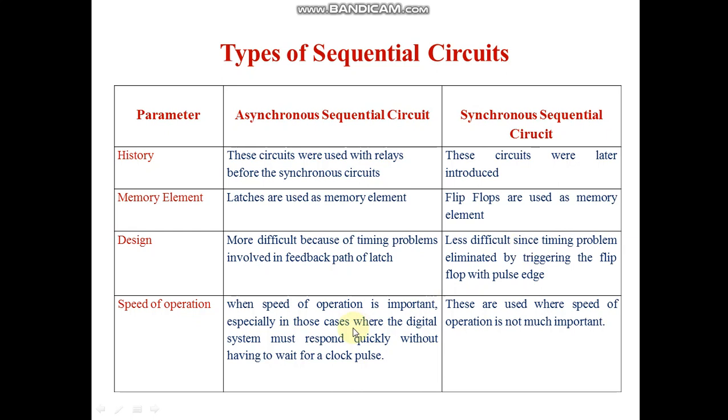As far as speed of operation is concerned, especially in those cases where the digital system must respond quickly without having to wait for a clock pulse, we should use asynchronous sequential circuits, while the synchronous sequential circuits are used where the speed of operation is not so important.